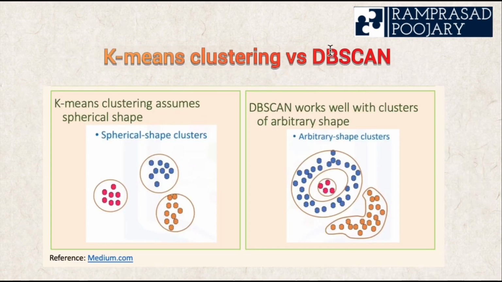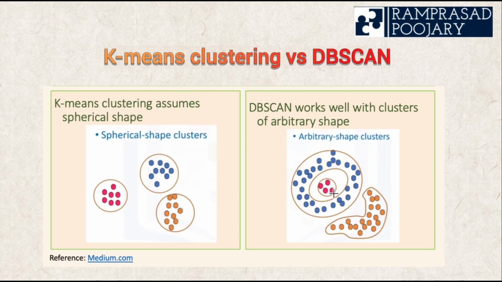Another advantage of DBSCAN is that it works well even when the data points are distributed in an arbitrary shape. Whereas k-means clustering assumes a spherical shape. If the data points are distributed in a spherical shape, then we can easily group them into different clusters. But k-means clustering will fail when the clusters are not of spherical shape.